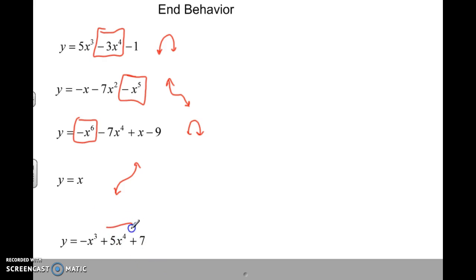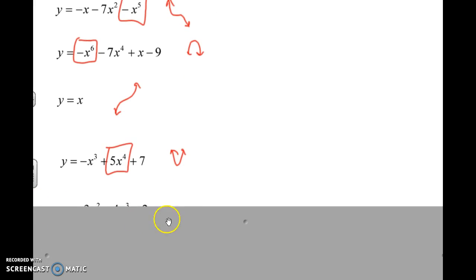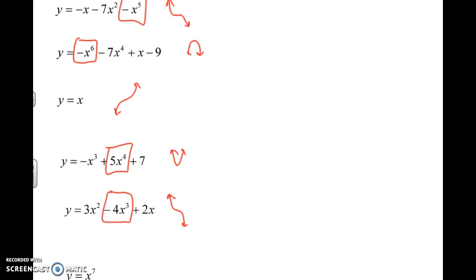And this one is positive and even, that's going to be up, up. And this one looks to be negative and odd, up, down. Sorry. And this one's positive and odd. That's down, up.